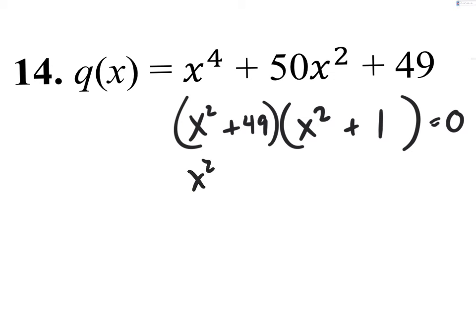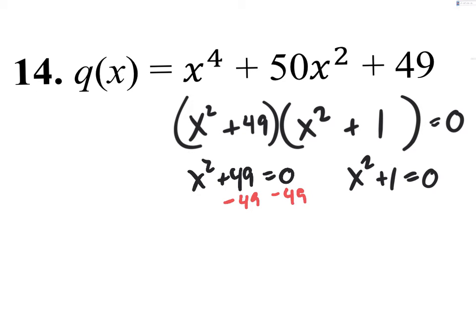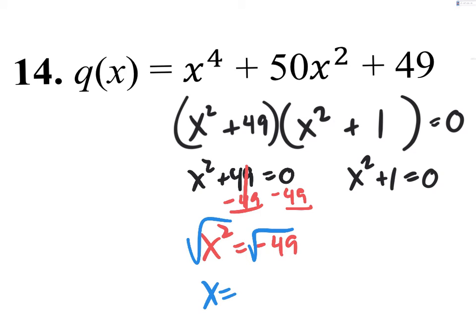x squared plus 49 equals 0. x squared plus 1 equals 0. Oh wow, this is nice. Because when we solve this, subtract 49, you'll get x squared equals negative 49, which when you square root, you'll have x equaling plus or minus 7i.